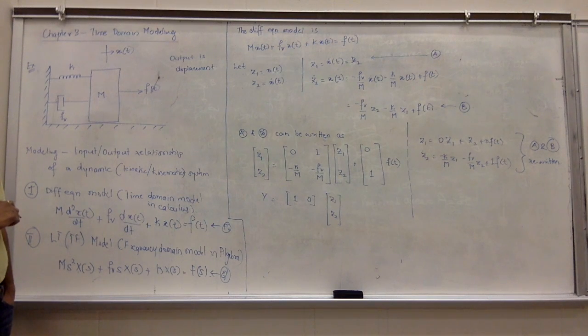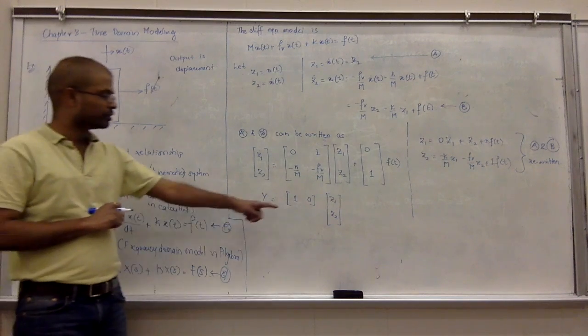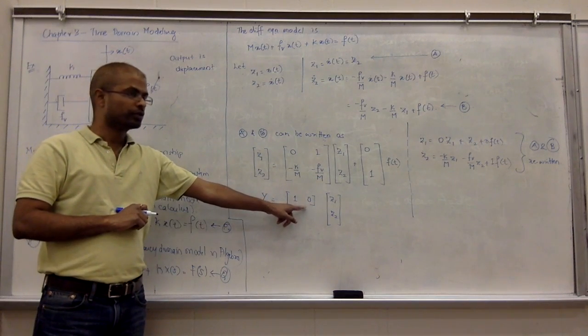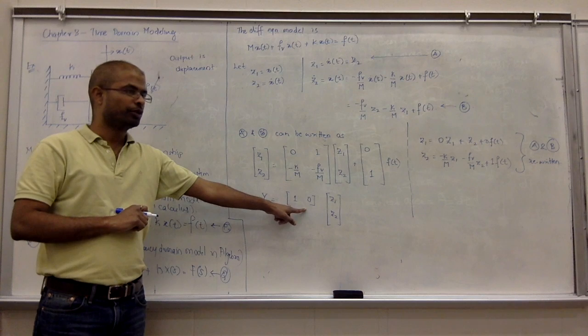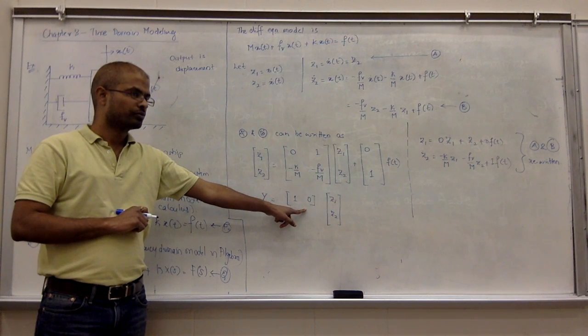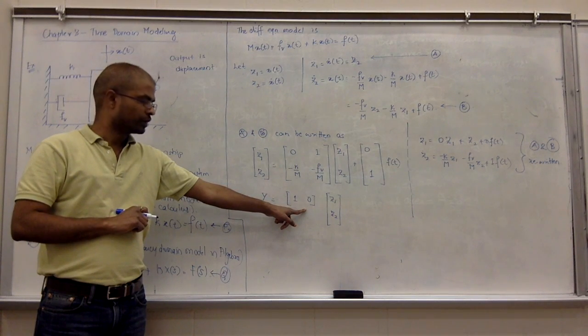It doesn't become 2 by 2, this just becomes this one. That's the output.